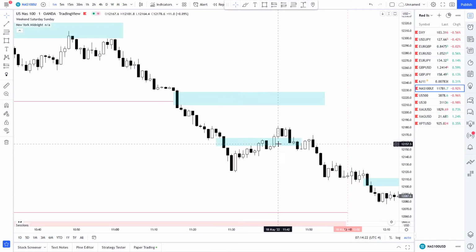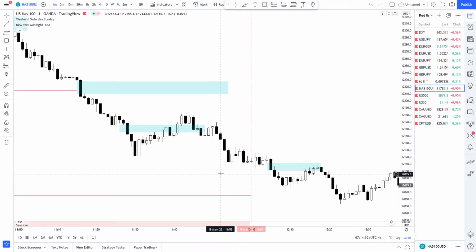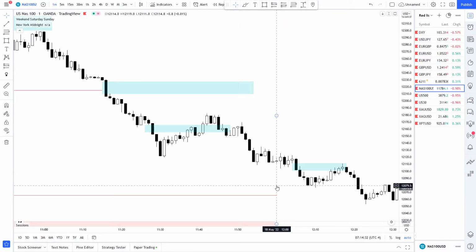So here you can get in, and this line just represents noon in New York, which I believe is London lunchtime, and at London lunchtime there's another likelihood of a retracement for another entry to participate in the true move.